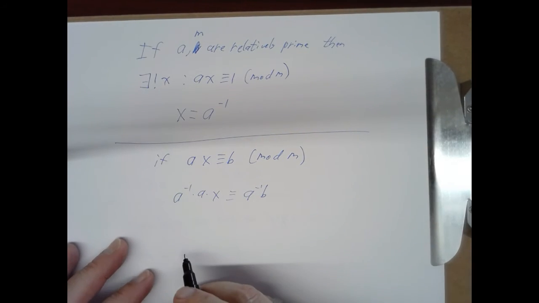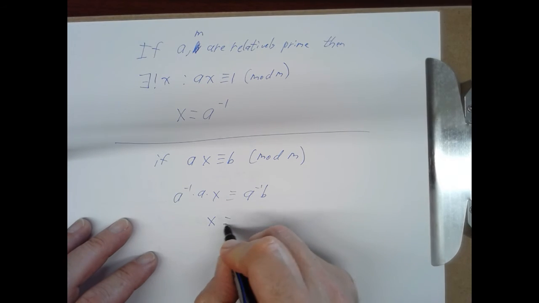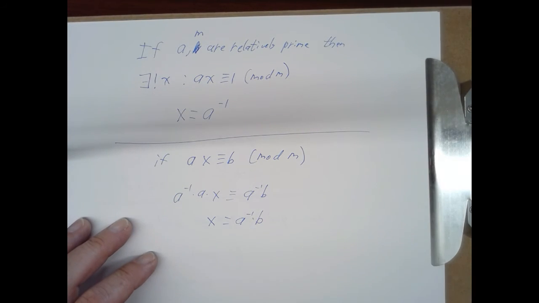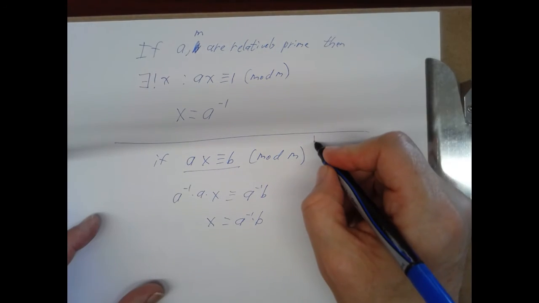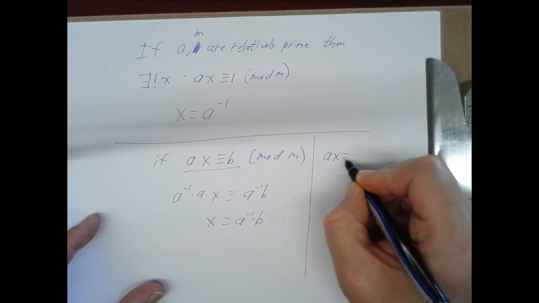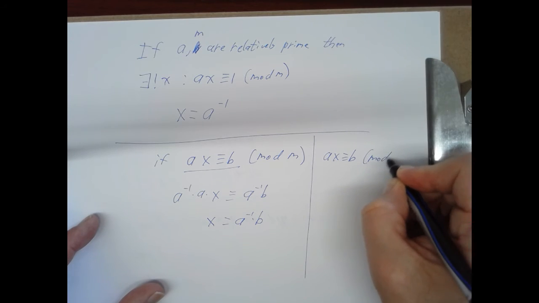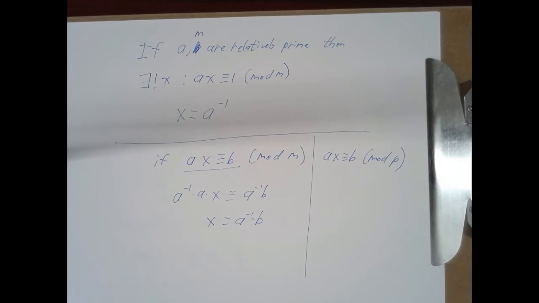And a inverse times a is just equal to 1, and so this is just x equals a inverse times b. So we can solve this equation for x in some cases, provided that a and m are relatively prime. So in the particular case where m is a prime number itself, we can always solve this equation, except when a is congruent to 0, because that's not relatively prime to p.